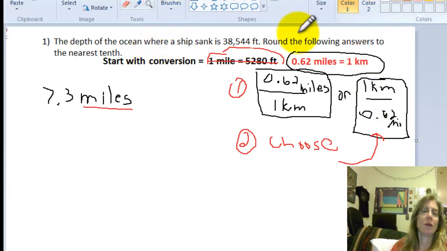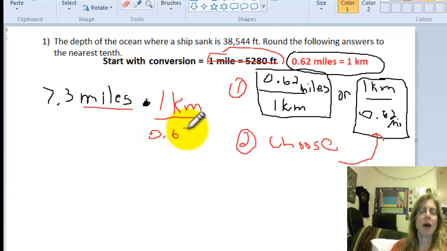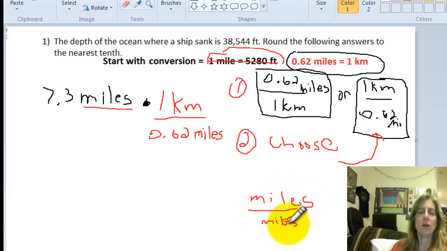So that means we are multiplying by this unit fraction, the 1 kilometer over the 0.62 miles. And every time you do that, you're able to cancel miles, because anything over itself is 1. Even if it's words, miles over miles is 1. It gets rid of the units themselves.